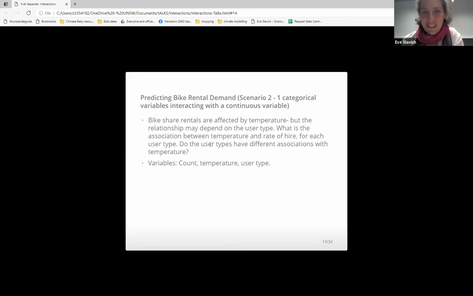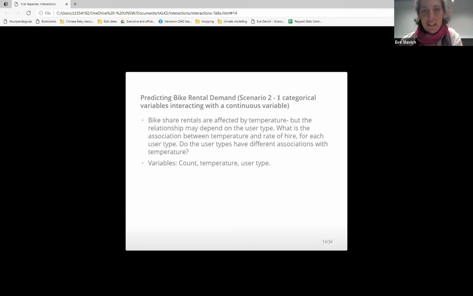So now scenario 2. What I just talked through then was interacting a categorical variable with a categorical variable. I'm going to look in the same data set, but I found another variable that was temperature.